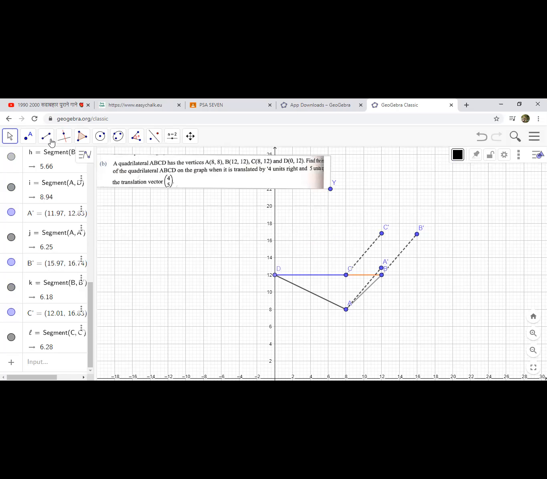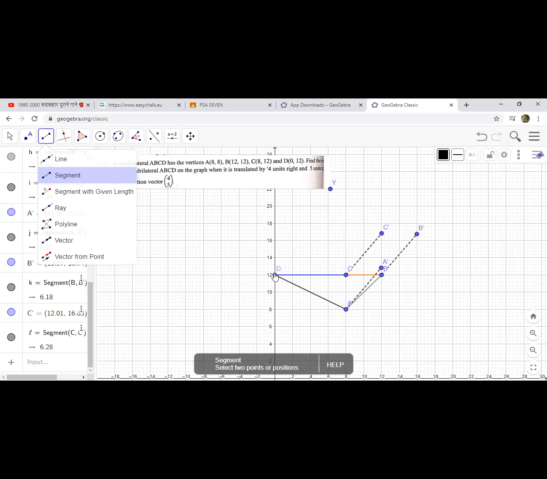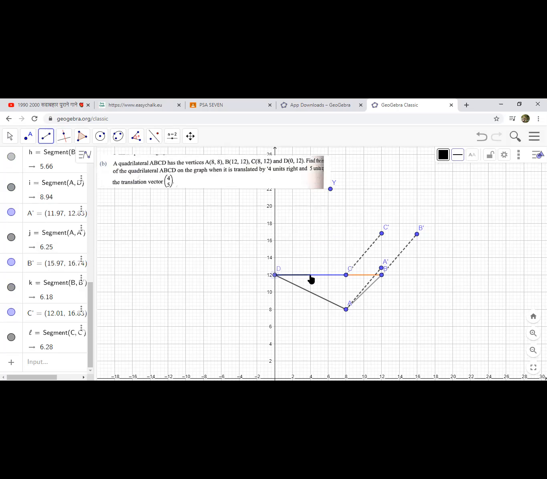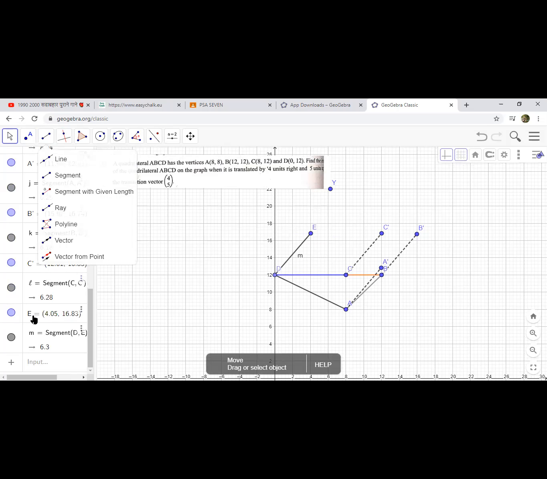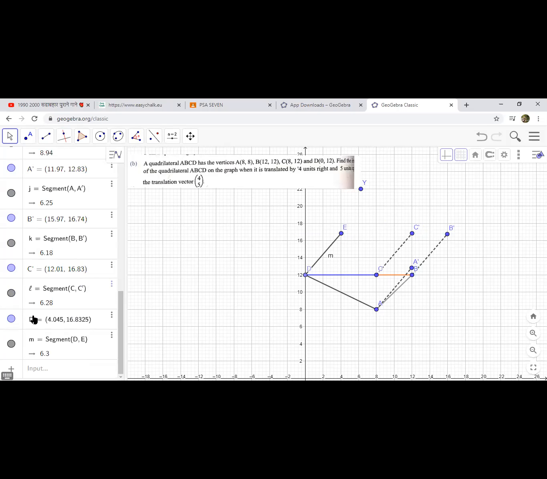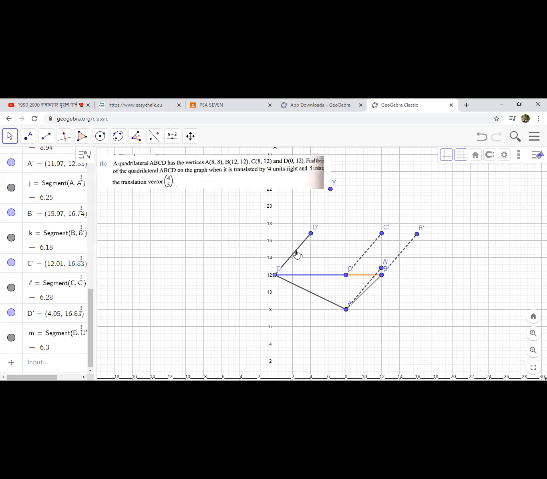Let's mark the point D dash: from D we go 4 units right and then 5 units up. This point is the image of the point D, so it is D prime, and the path should be dotted.